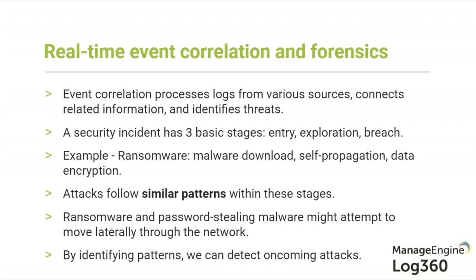So even though they seem like two different attacks, they have a lot of similarities in how they operate. If we start breaking down all the attacks that we have today, we will find a lot of common patterns. The trick to capturing all these attacks is to start identifying these patterns, and if we can do that, we can spot signs of oncoming attacks. That's exactly what event correlation helps you do.